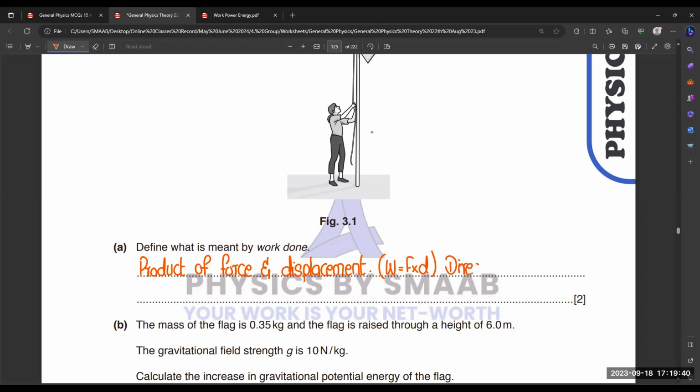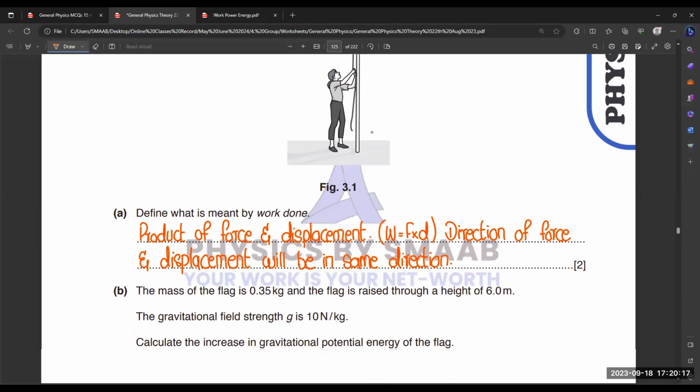So displacement is done in the direction of the force, right? And displacement. They want to ask you about the concept of direction in the question also, right?